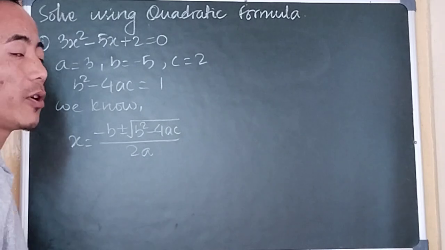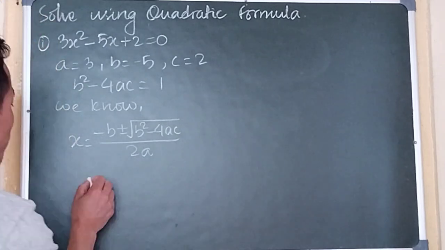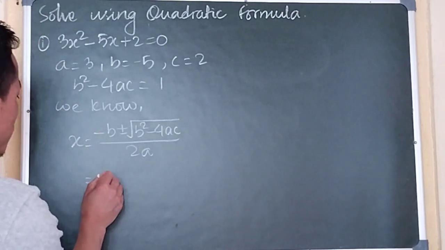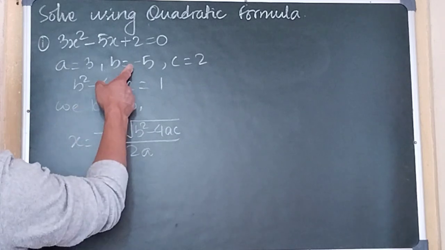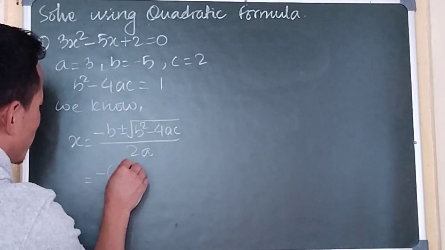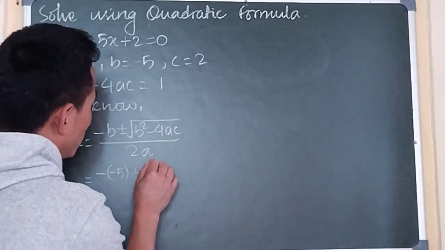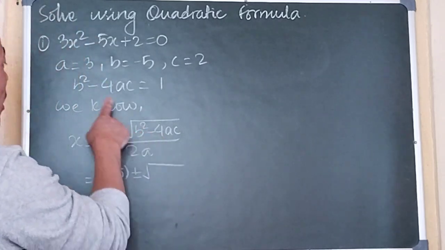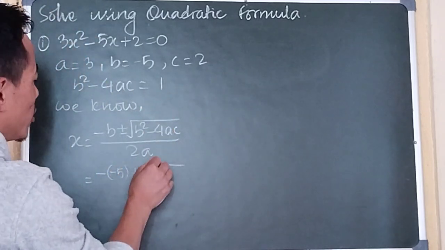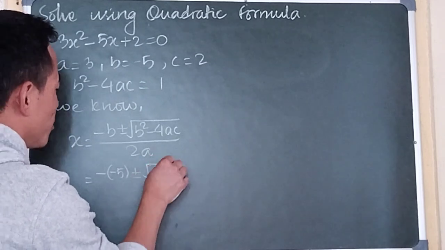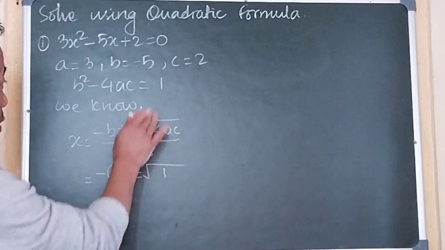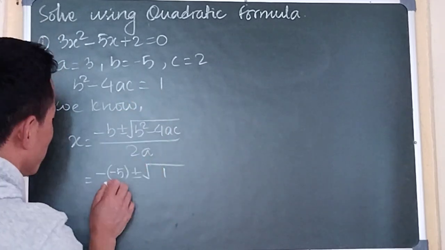This is the quadratic formula that has to be used. So we'll just put in the values now. Minus b, here b is minus 5, so bracket minus 5, plus minus square root. This b square minus 4ac, we have already obtained the value, so no need to do the calculation again. Simply write 1 here. Whatever value you obtain, you write it here.